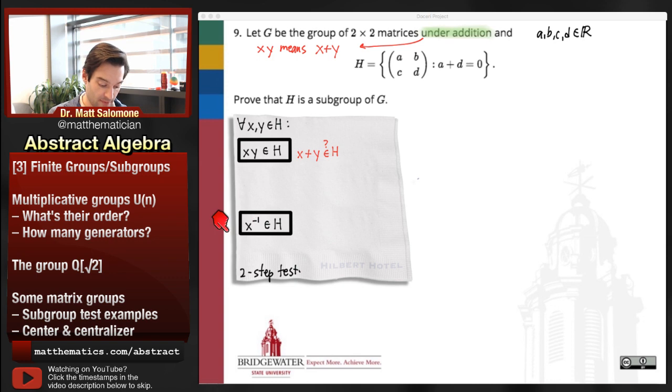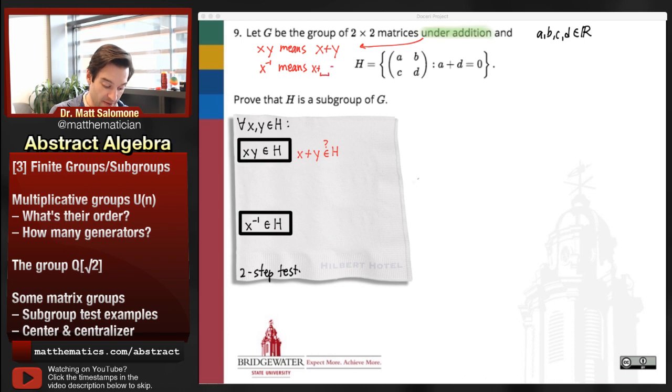Similarly with inverse. So the inverse that's being spoken of here is the inverse with respect to the operation of addition. And so the inverse would be a matrix which, when I add it to x, gives me the identity. And the identity matrix, when the operation is addition, is the zero matrix. So the operation really does drive everything.